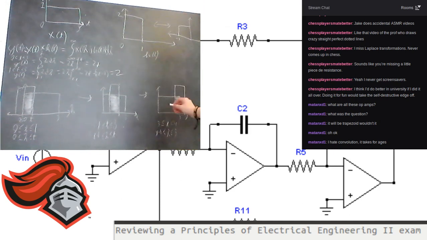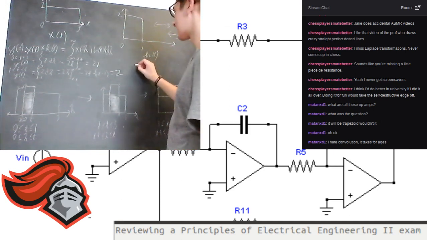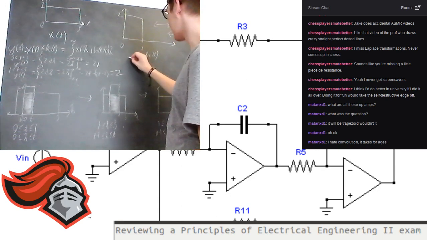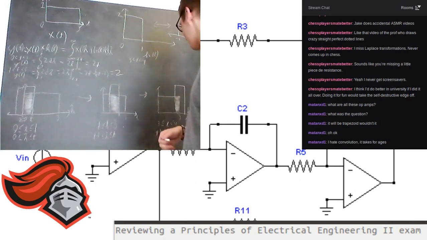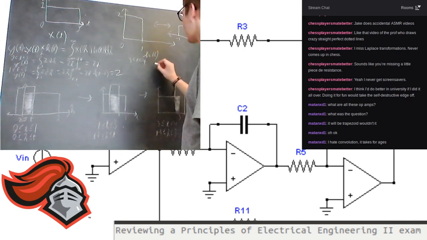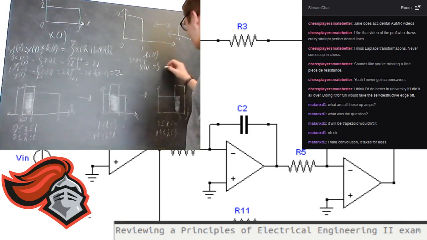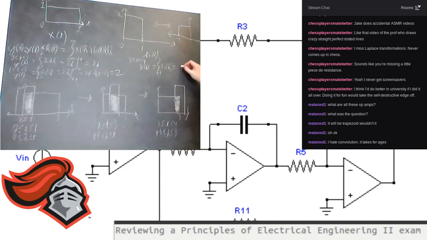And then lastly, we have this interval from 3 less than t to 4. We get y of t equals integral from t minus 1 to 3 of 2 d lambda, which is 2 lambda evaluated at t minus 1 and 3.